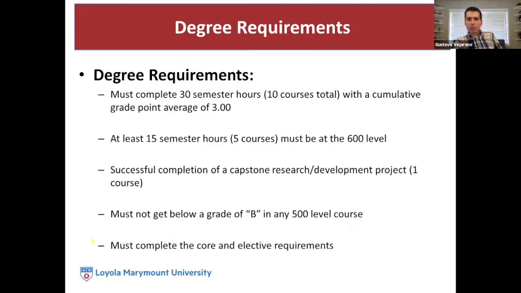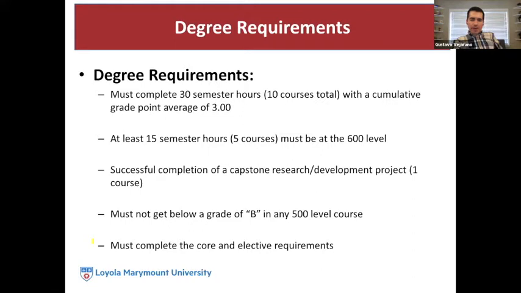Therefore, the total number of courses is going to be 10. To complete the MS degree, the student needs to complete 10 courses total. Half of those, 5 courses, need to be at the 600 level, and the other ones are going to be at the 500 level.